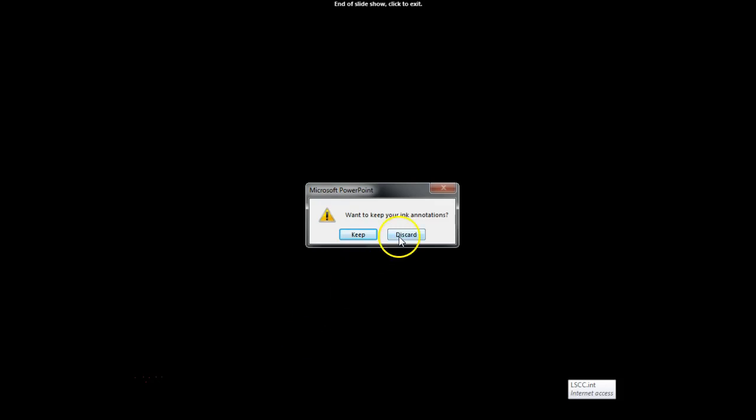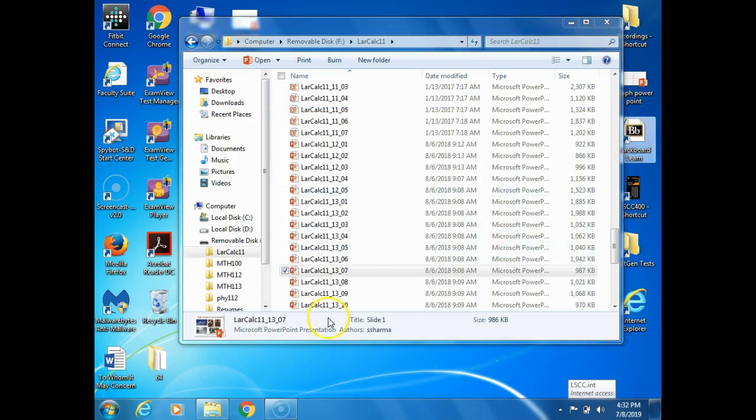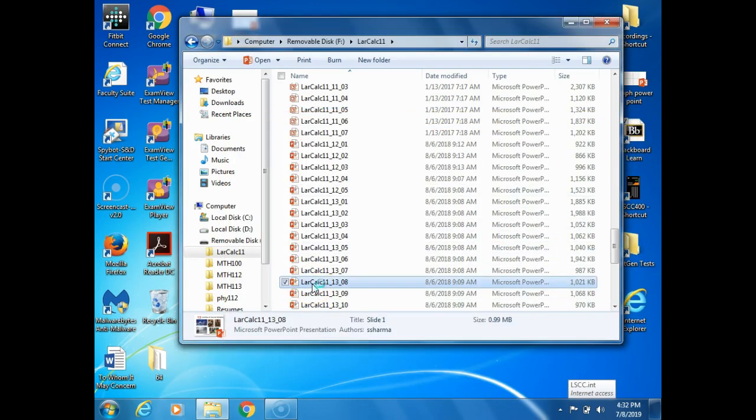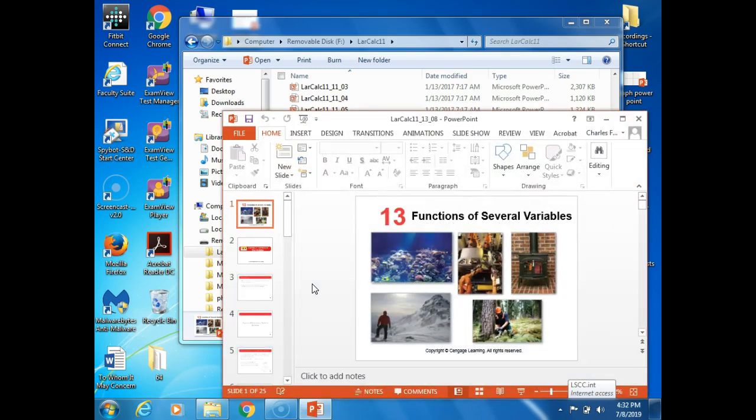All right. For some reason, my PowerPoint just blinks out on me, but it's back now. So let's do 13.8. Takes a long time to load.